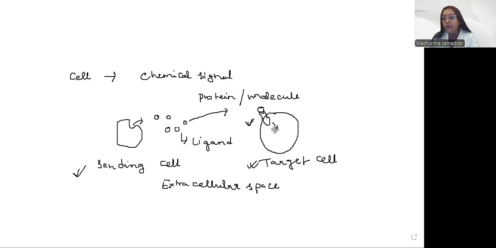Okay, and the message that is carried by this ligand will pass through a chain of chemical messengers that is present inside the cell.